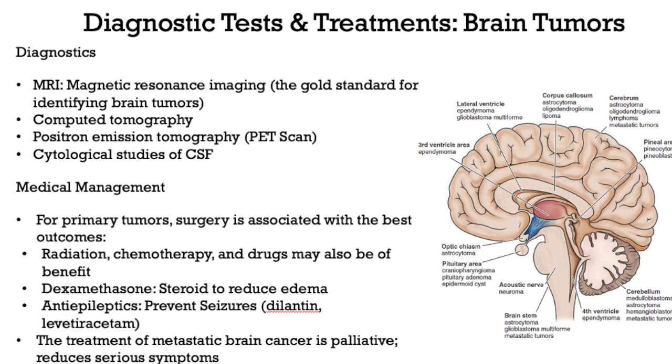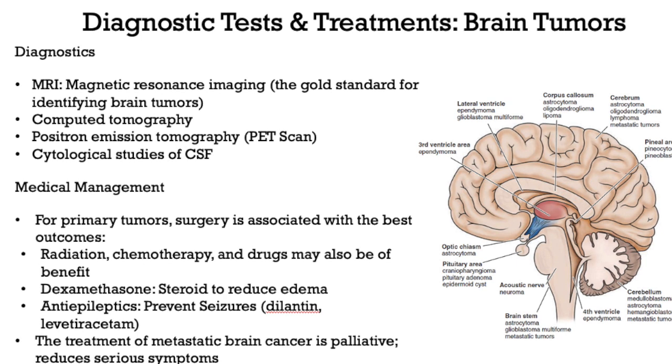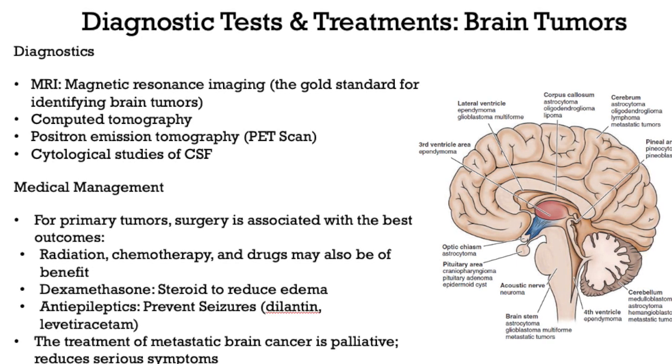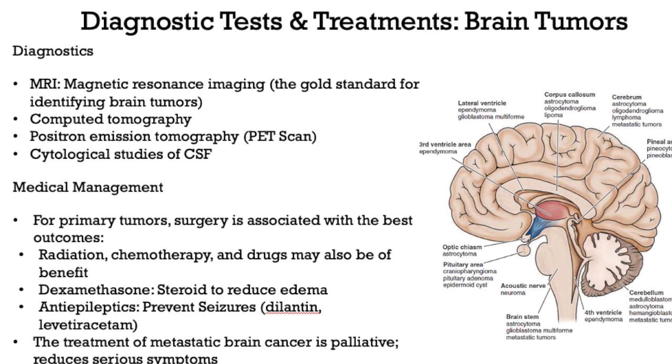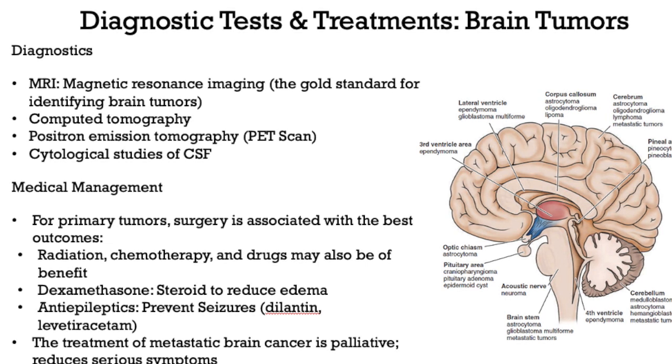So what are you going to do for your patient with a brain tumor? Like that of your patient with a traumatic brain injury or even a spinal cord injury, you will always maintain seizure precautions. You will always ensure that you have a suction and oxygen setup ready to go at the bedside.